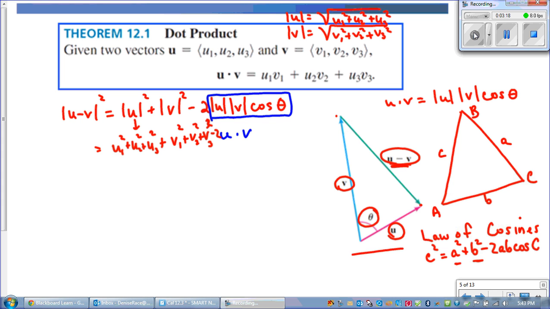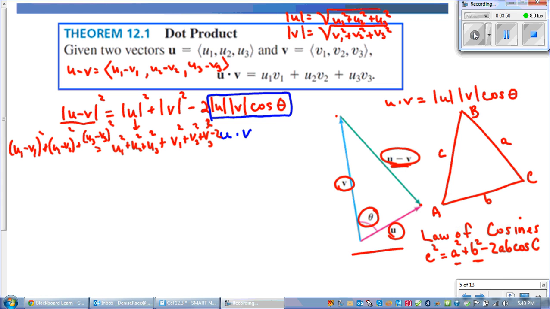Now u minus v would be the vector u1 minus v1, u2 minus v2, u3 minus v3. So the magnitude of u minus v squared will be u1 minus v1 squared plus u2 minus v2 squared plus u3 minus v3 squared.